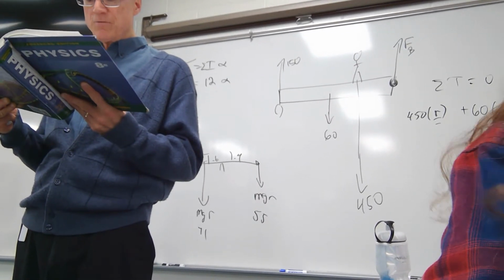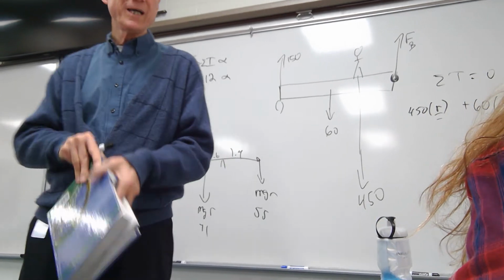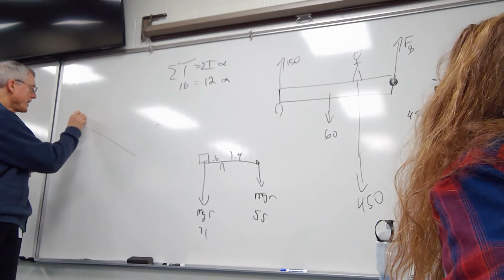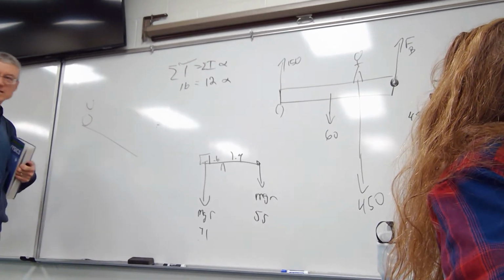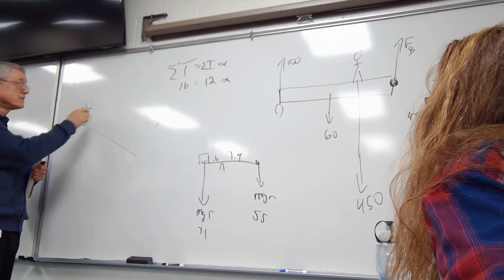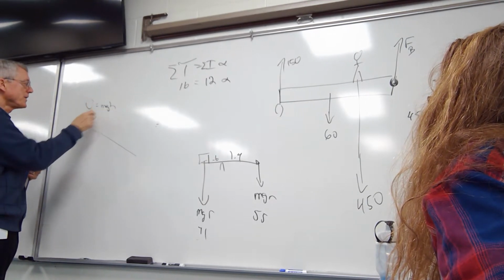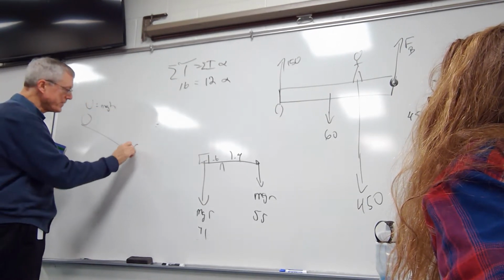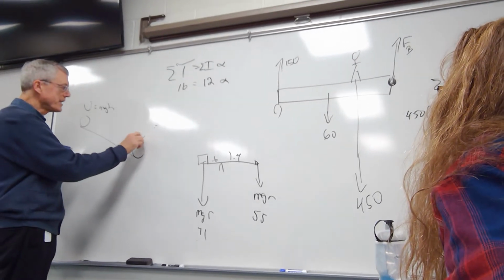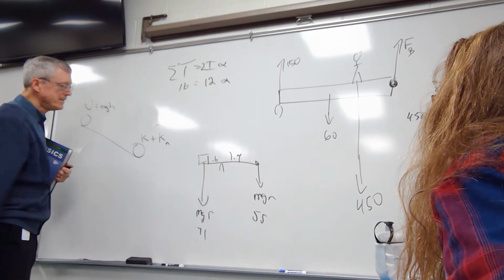Here's the thing. Energy is conserved, so even without doing any math, the ramps were the same, so they had the same U up here, didn't they? That's just MGH. And they had the same M, right? So if they started out with the same amount of energy here, they've got to have the same amount of energy down here. Energy is conserved. Down here, it's the K plus the KR.